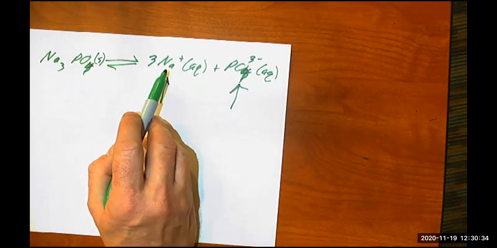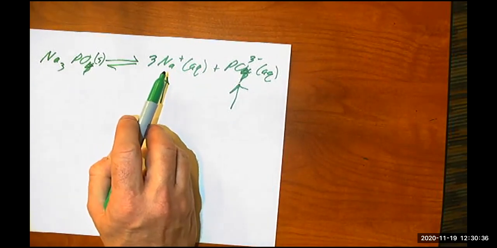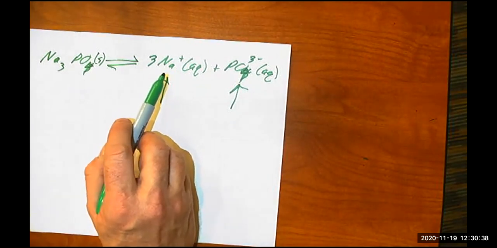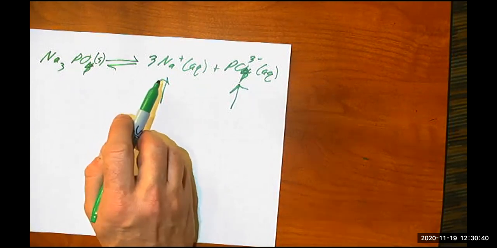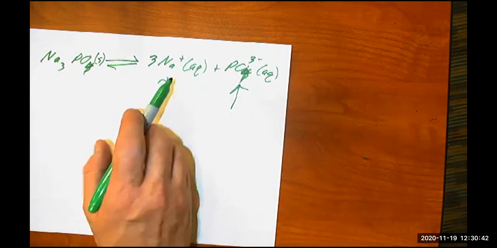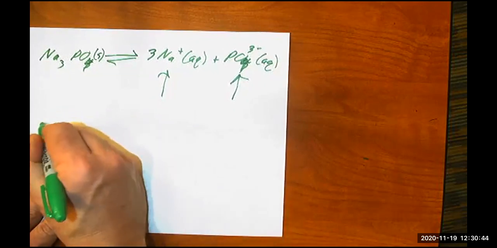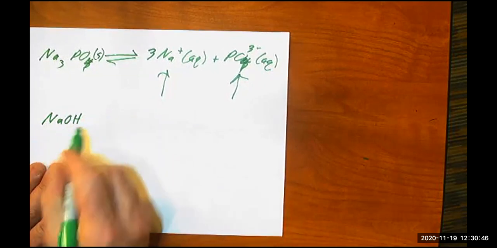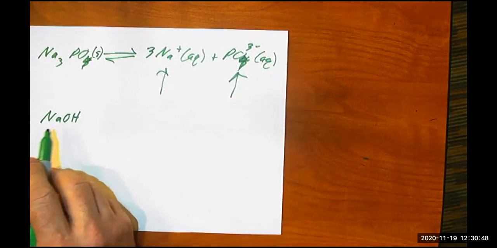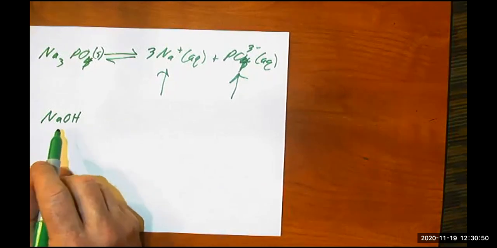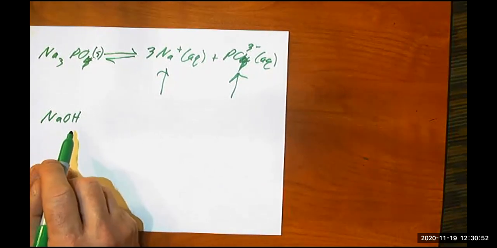Sodium, I hope you can look at that and recognize that sodium here is the conjugate acid of a strong base. That strong base is NaOH. When you put sodium hydroxide into water, it fully dissociates into sodium ions and hydroxide ions.